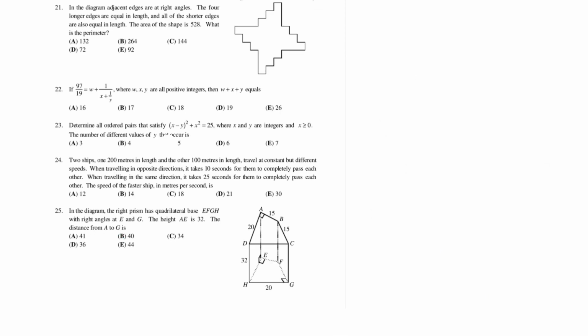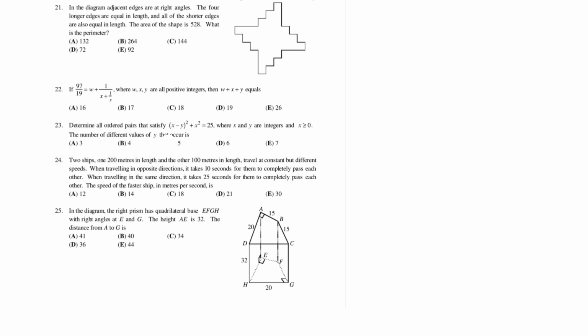Number 21. In the diagram, adjacent edges are at right angles. The 4 longer edges are equal in length, and all of the shorter edges are also equal in length. The area of the shape is 528.